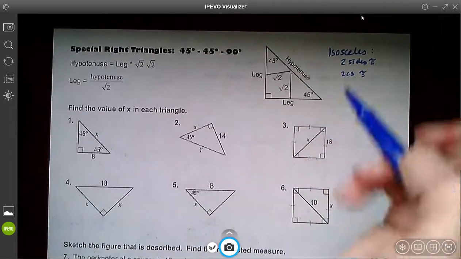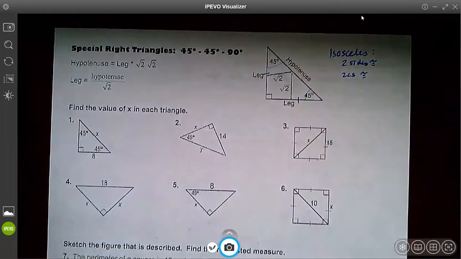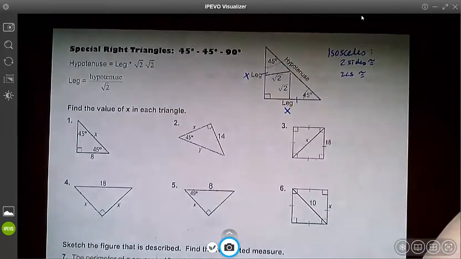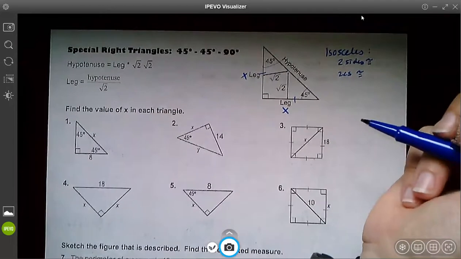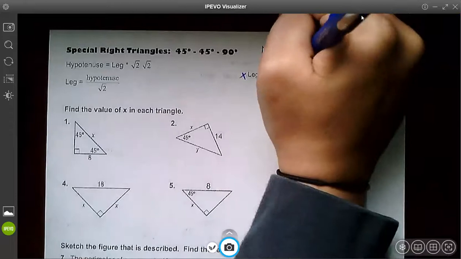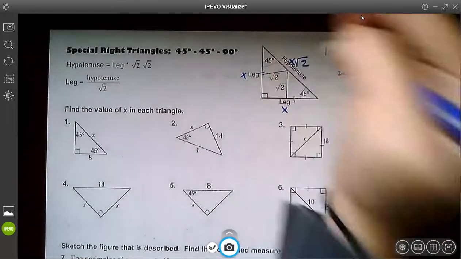Because our angles are congruent, that means these legs are also congruent. So what we've got is a leg, which is x, or whatever our leg value is. To find our hypotenuse, we're going to take our leg and multiply it by the square root of 2. So this is going to be x root 2.